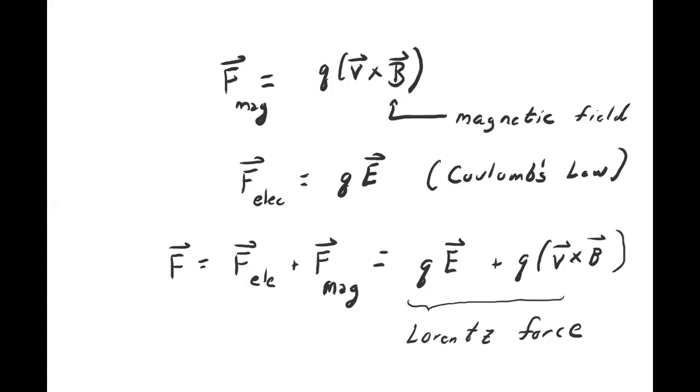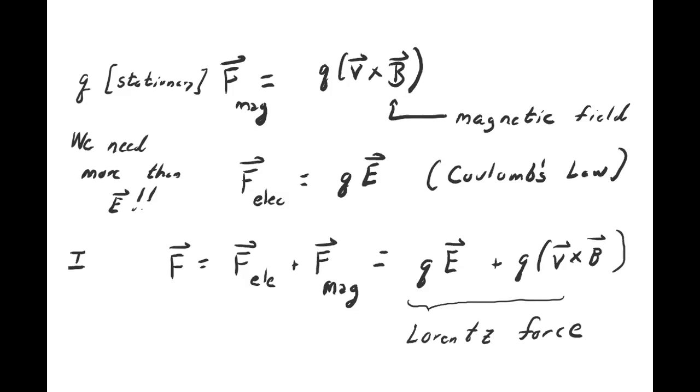Okay, so we need, in summary, more than just the electric field, explaining things that are going on in nature. The electric field really comes from charges that are stationary or fixed. Once charges move, you generate currents.